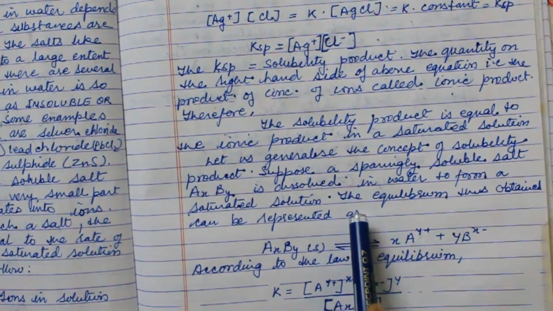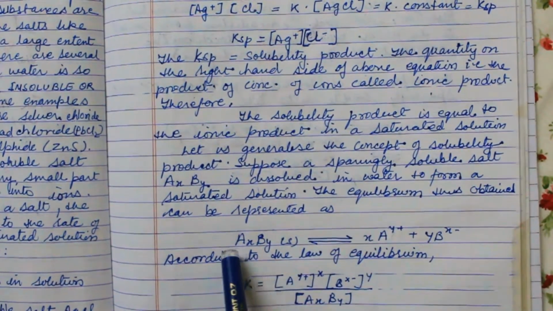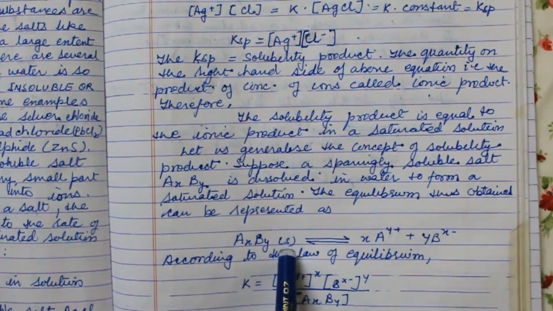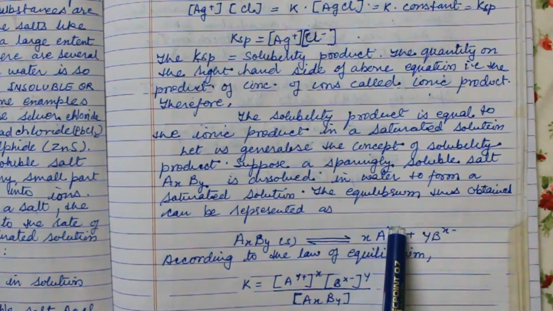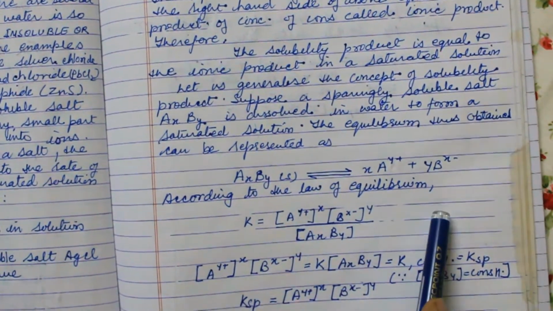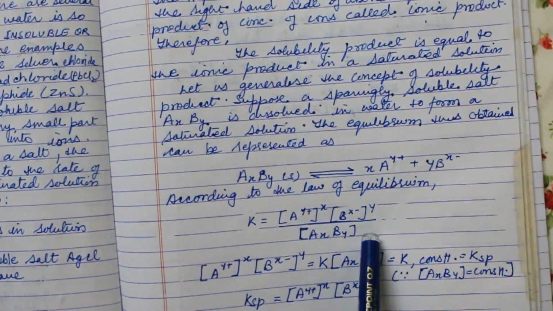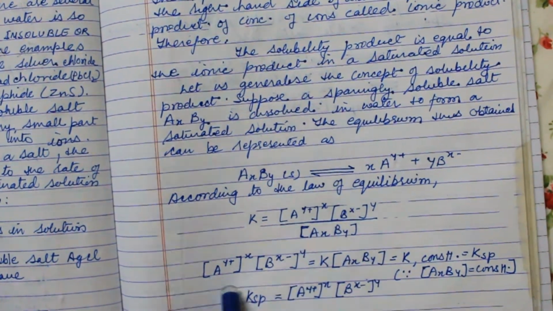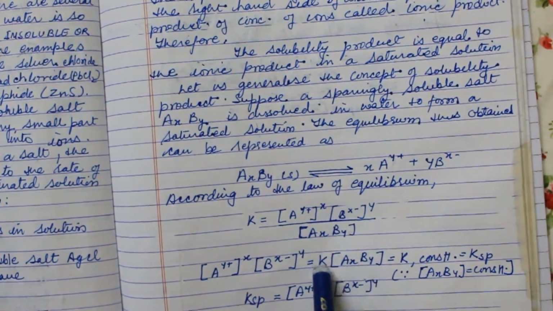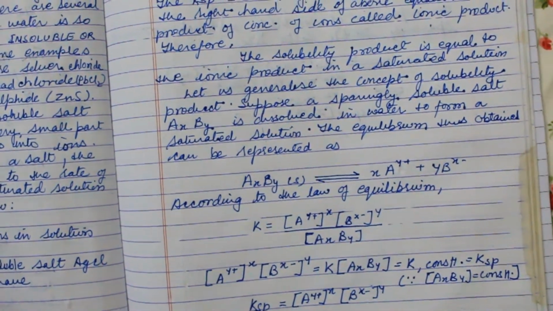The equilibrium thus obtained can be represented by AxBy in the solid form, which when dissociated into ions gives x A^y+ and y B^x- ions. According to the law of equilibrium, we have the product in the numerator and the reactant in the denominator. So the product of these ion concentrations is equal to a constant, that is Ksp.